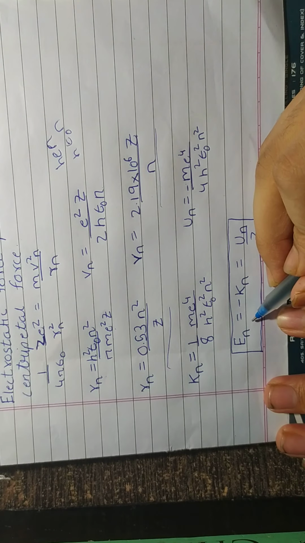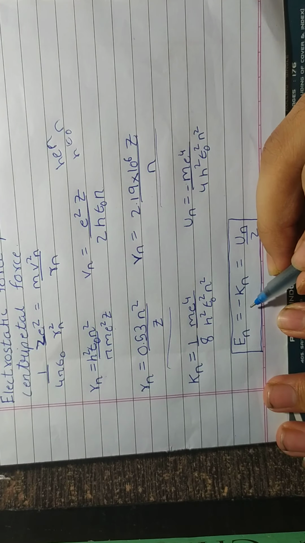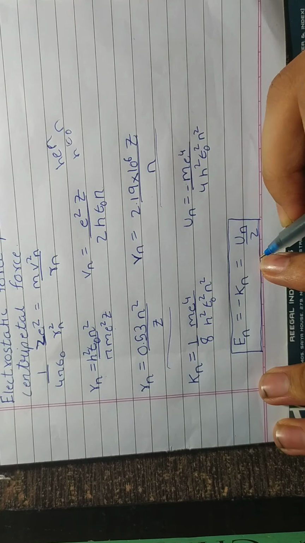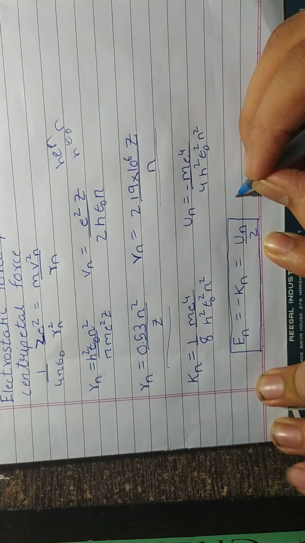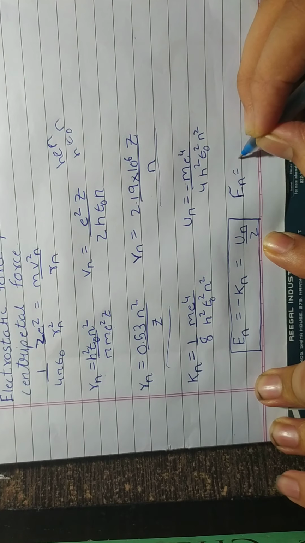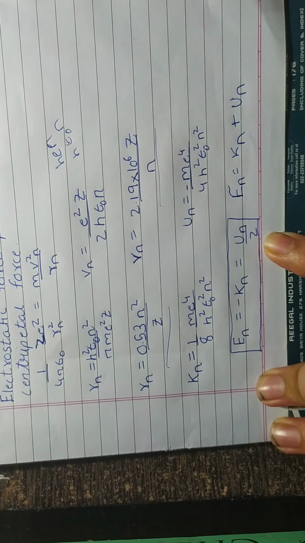This En is the total energy of the nth orbit, which is equal to the negative of kinetic energy, and also potential energy by 2. En is equal to kinetic energy in nth orbit plus potential energy in nth orbit.